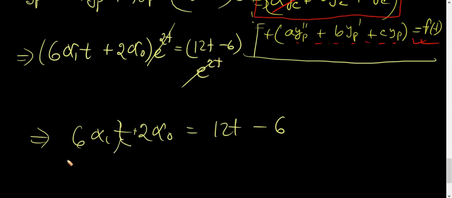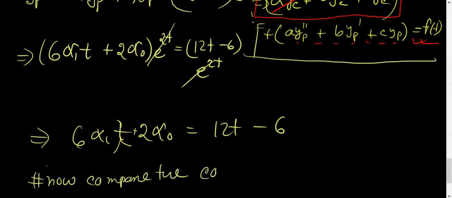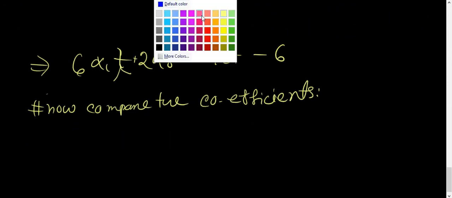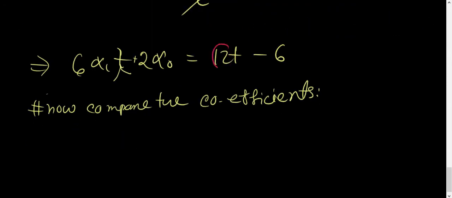So if you now compare the coefficients, t has a coefficient of 12 on the right hand side, and t has a coefficient of 6 alpha 1 on the left hand side. So you have to write 6 alpha 1 equals 12.